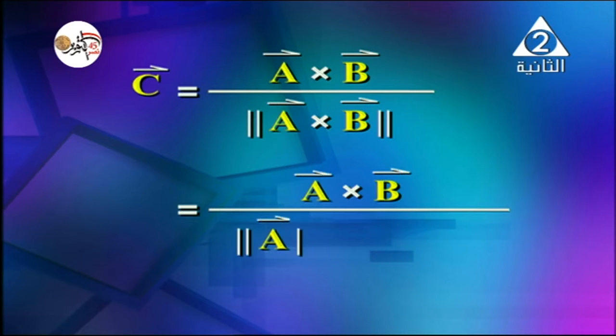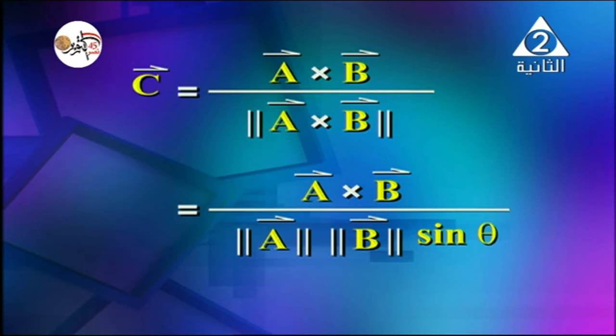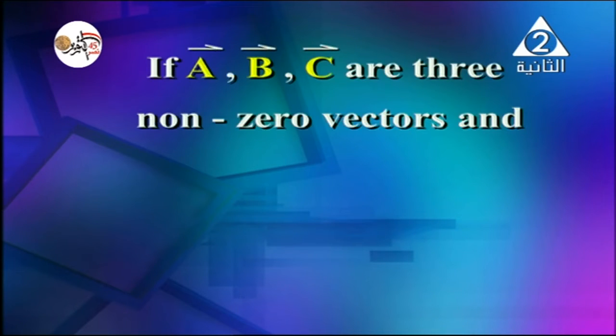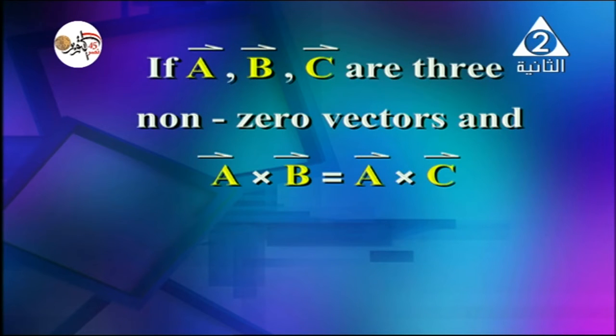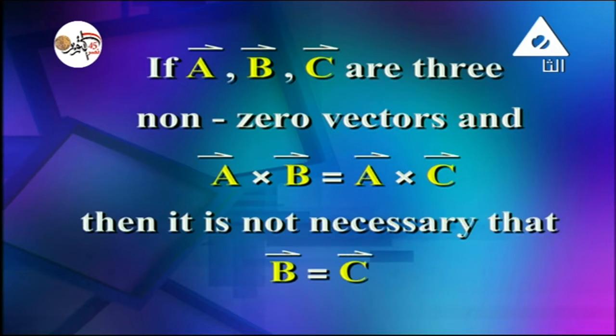By using norm A, norm B, sine of the angle between them: if A, B, and C are three non-zero vectors and A vector cross B vector equals A vector cross C vector, what do you deduce? Excellent student, B vector equals C vector?